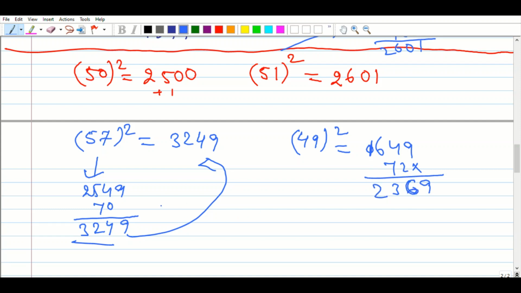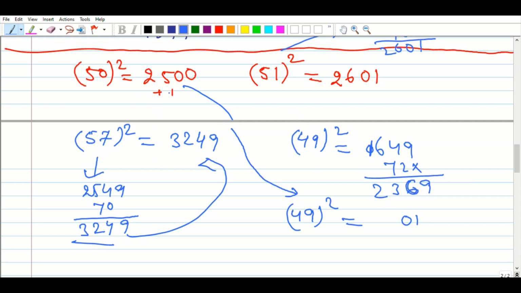2369. Apply this method. We have 49 square. This method I am telling. Okay, 49. 49 is less than 50 one time, so 1 square. Clear? 49 is less than this one, 1.